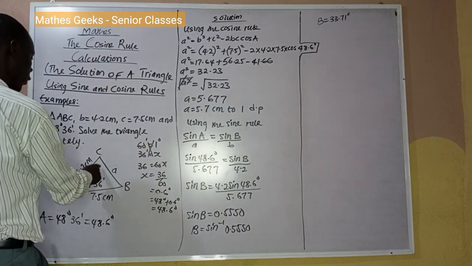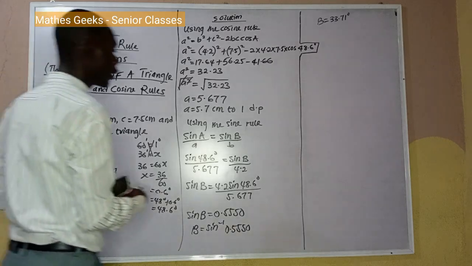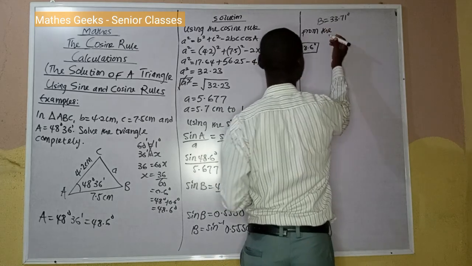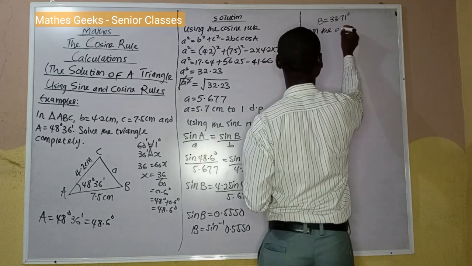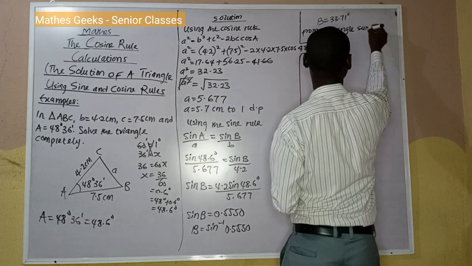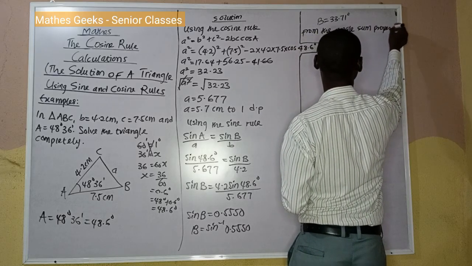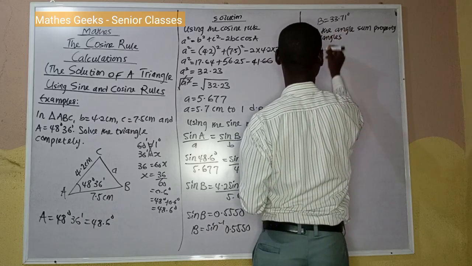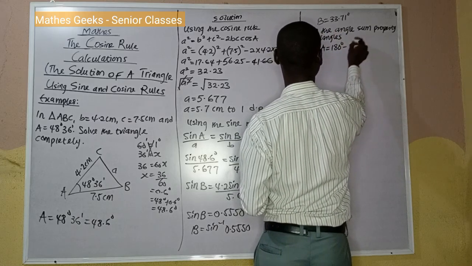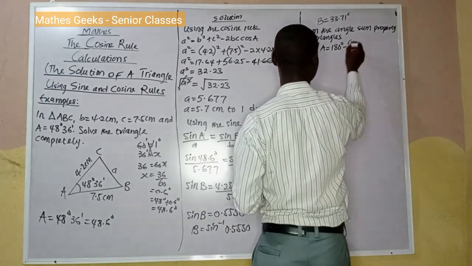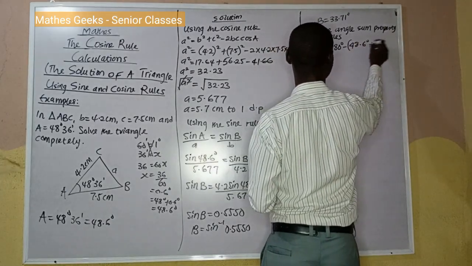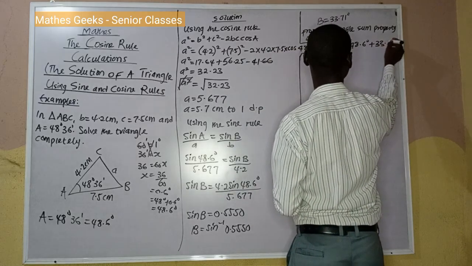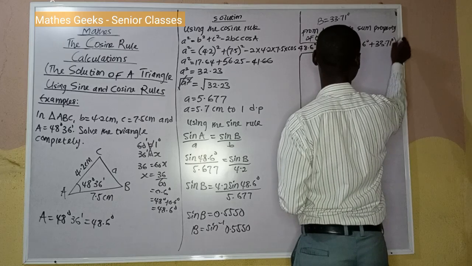Now we need to get angle C. To get angle C, from the angle sum property of triangles, angle C is equal to 180 degrees minus 48.6 degrees plus 33.71 degrees.